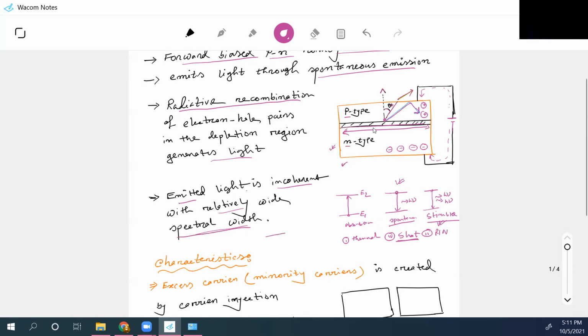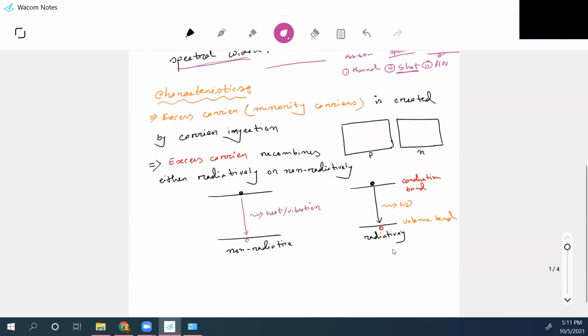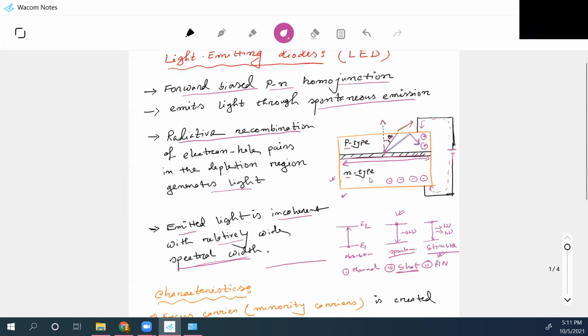If I draw the spectral width of an LED, with power on this axis and wavelength lambda on this axis, the spectral width of an LED is very wide because of this very wide surface area.